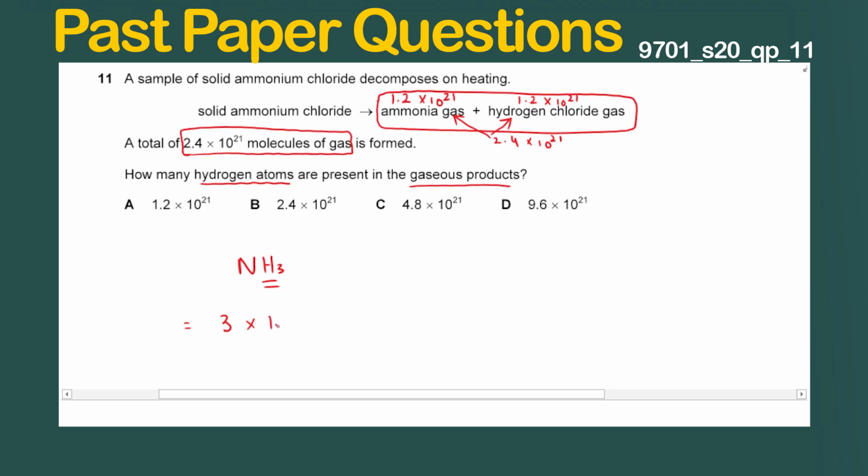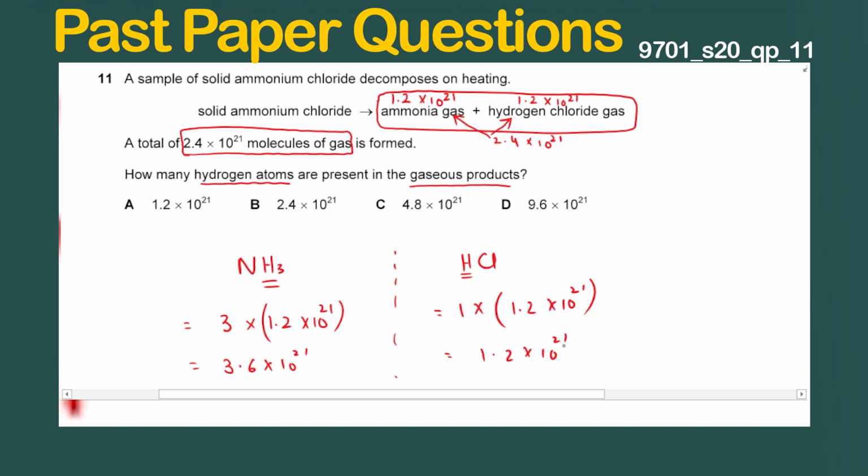In ammonia, there are 3 hydrogen atoms. So the number of hydrogen atoms, that is 3 in ammonia, is going to be multiplied with the number of molecules. And we can get 3.6 into 10 raised to the power 21. These are the hydrogen atoms in ammonia.